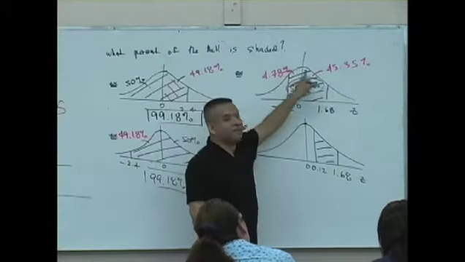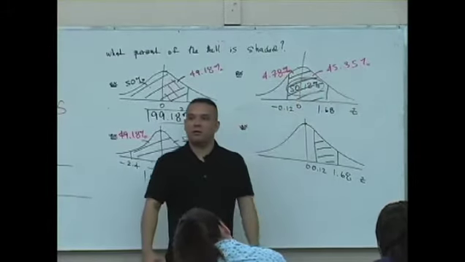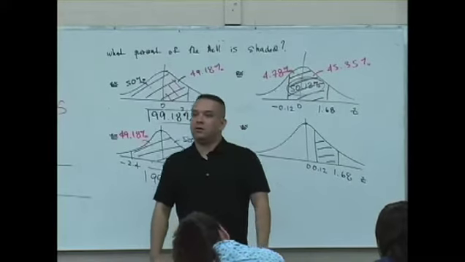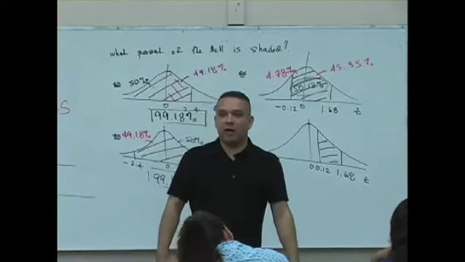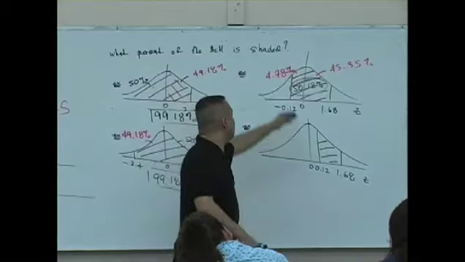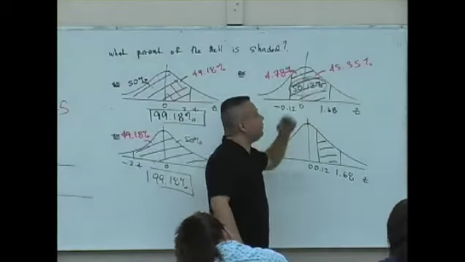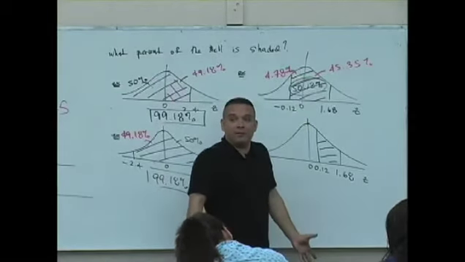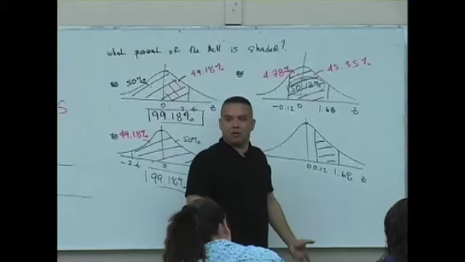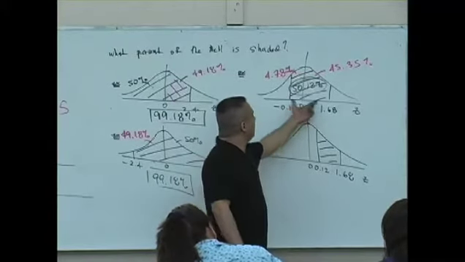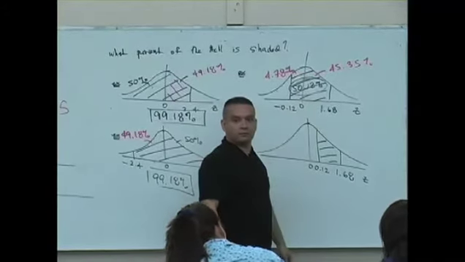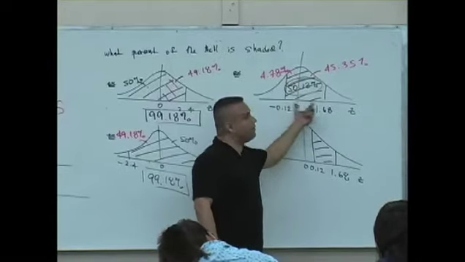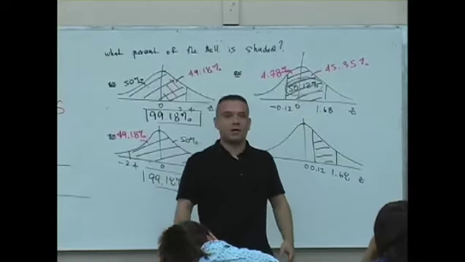Just because they're decimal values, don't let it throw you. Add how much is on the left plus how much is on the right. It's 50.13. You'll say, I thought it can't be more than 50. Well, of course it could. You got some on the left, some on the right.